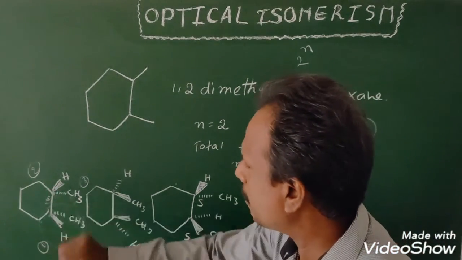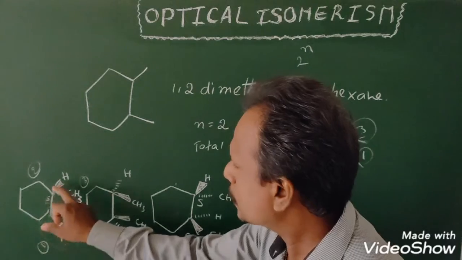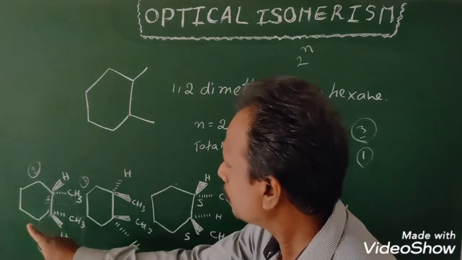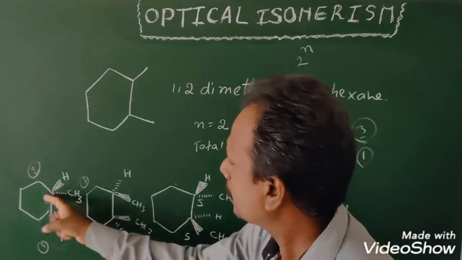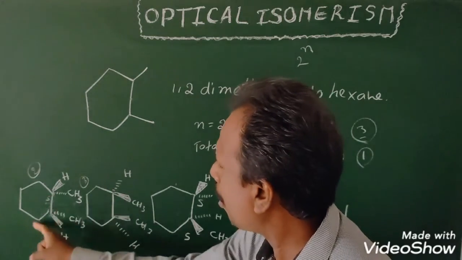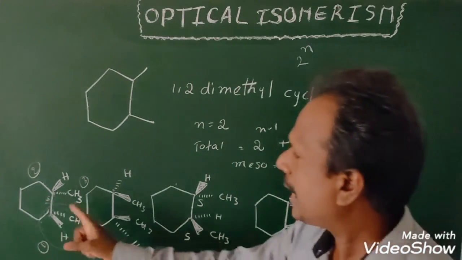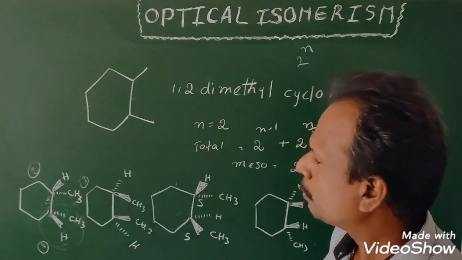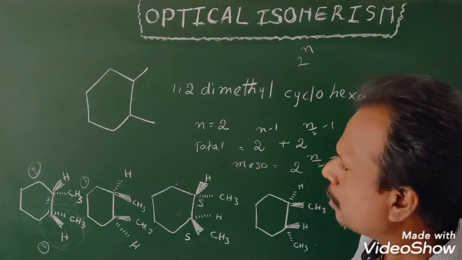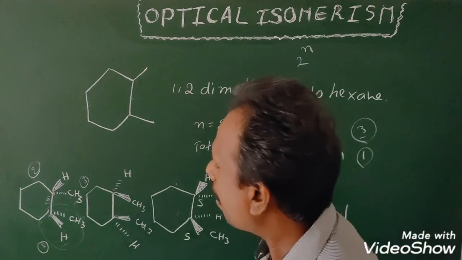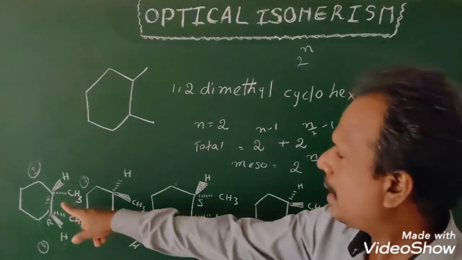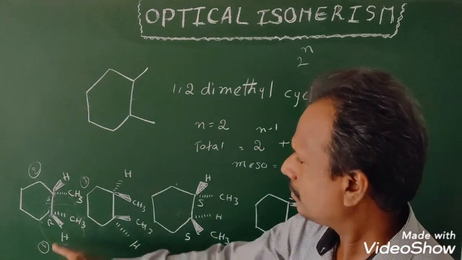So, this group is the 1, it is the 2, it is the 3. 1, 2, 3. Anti-clockwise. For anti-clockwise numbering, H atom is above the plane. Small group above the plane. So chirality becomes R. Chirality of this carbon is S. This is R. What is special of this compound?